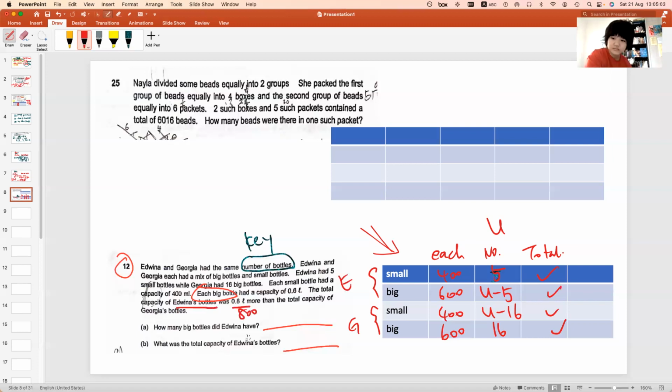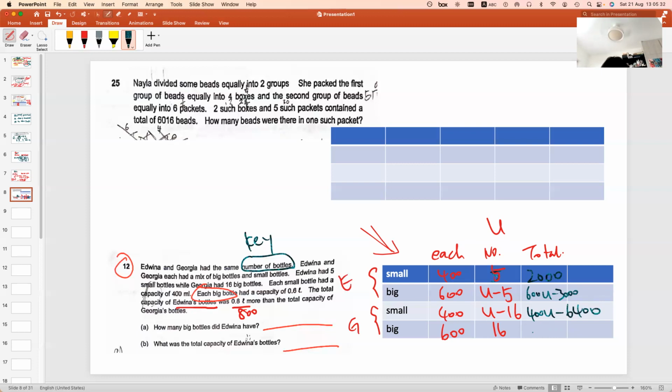You form the equation, something minus 800 equals something. I will leave it to you. So this should be 2000, and this is 600U minus 3000, and this is 400U minus 64.